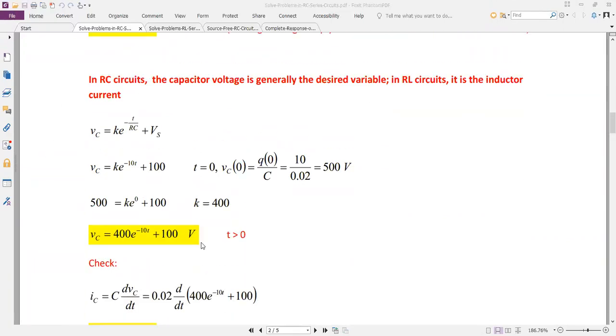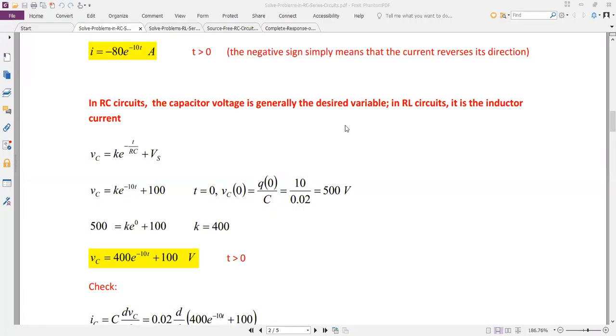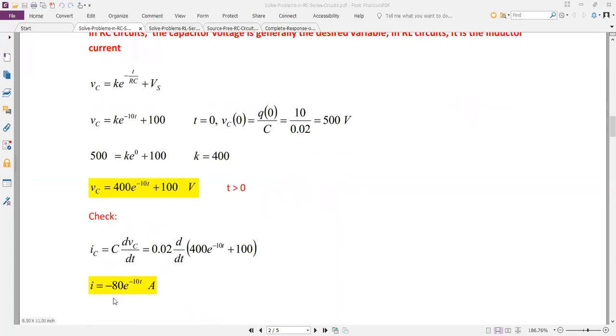Based on the fact that it's commonly the required unknown for an RC circuit that we know the voltage in your capacitor, or the voltage drop in your capacitor, finding the I in this case is based on the voltage drop in the capacitor. So you have this formula.